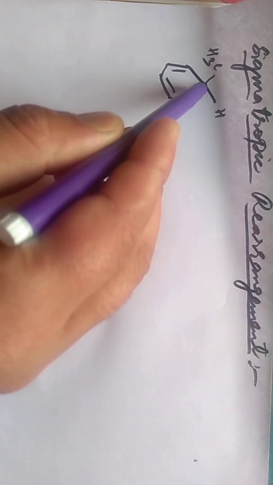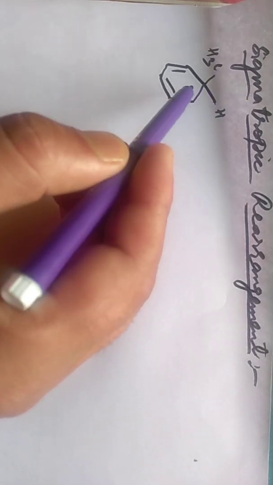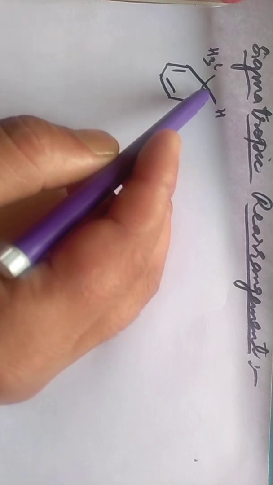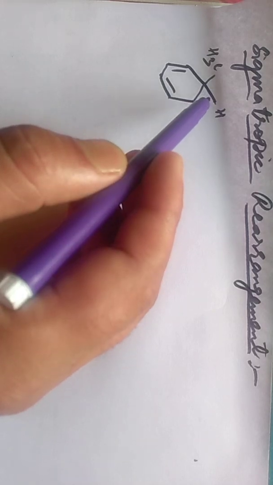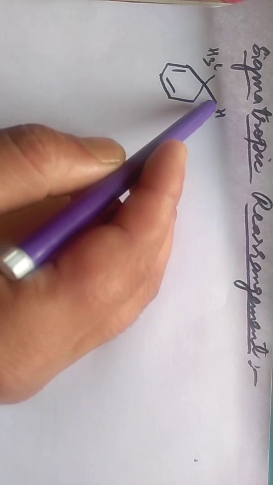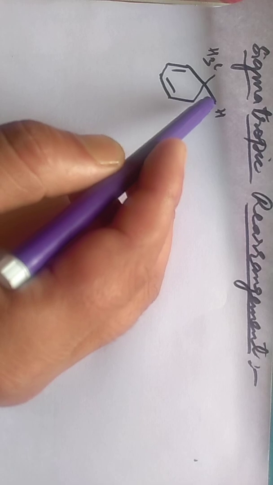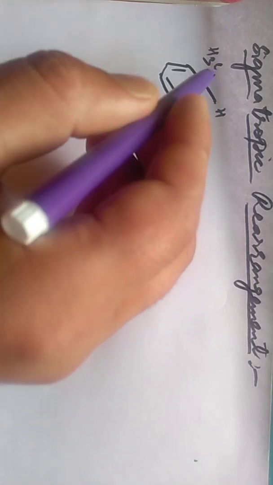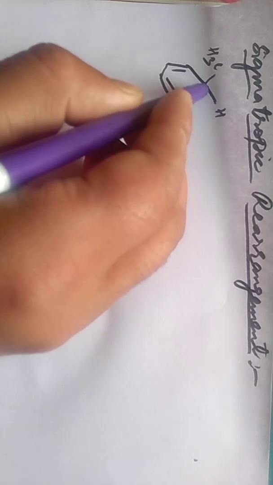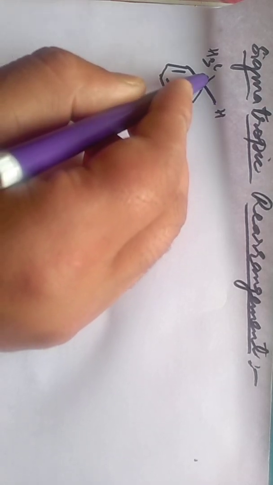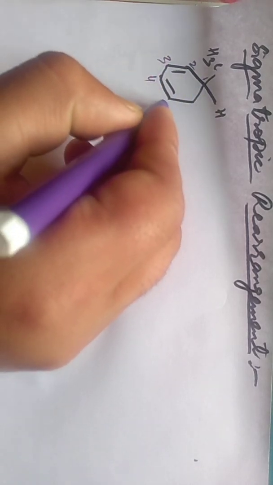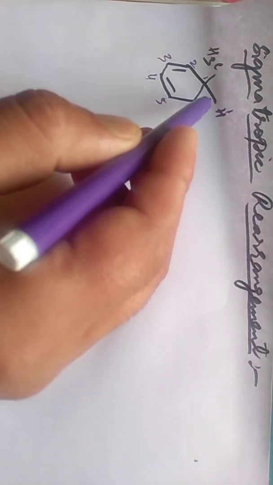In this case, this is the allylic bond. And I also told you that for the bond which breaks, we start numbering from that bond on both sides. So we start numbering from this breaking bond to both sides: 1 2 3 4 5 and 1. Now what happens?